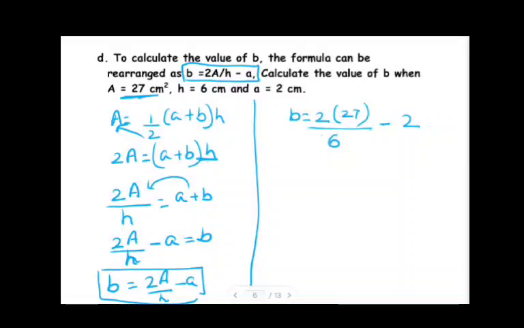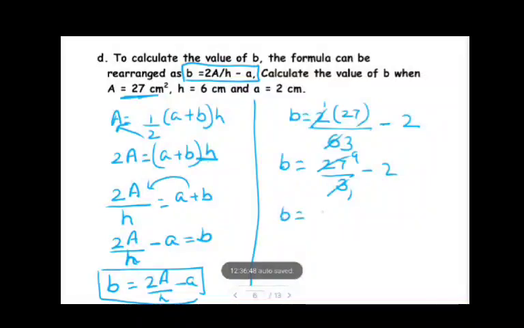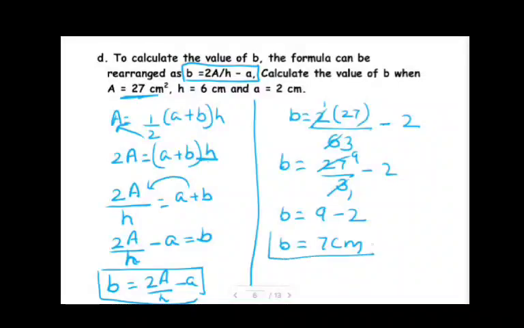So I will first do the cancellation over here, reduce it to the lowest terms. 2 1s are 2, 2 3s are 6. So I get 27 upon 3 minus 2. Now this fraction in itself can be further reduced. So 3 1s are 3, 3 9s are 27. Okay, so b is equal to 9 minus 2. Value of b is equal to 7 centimeters.